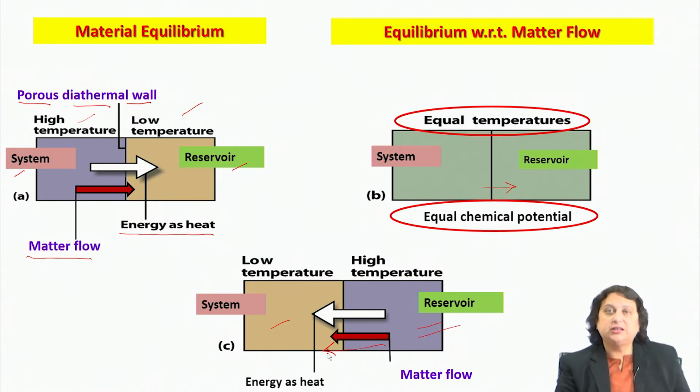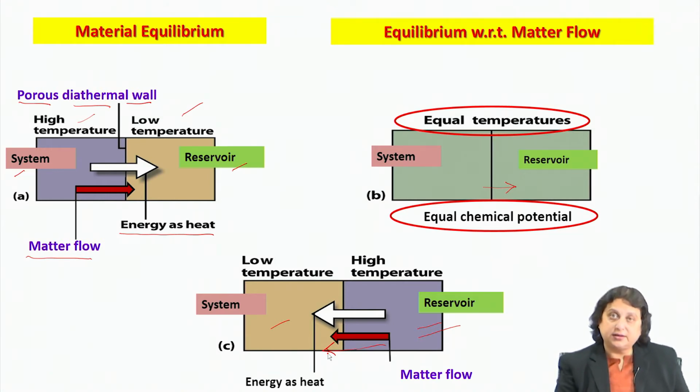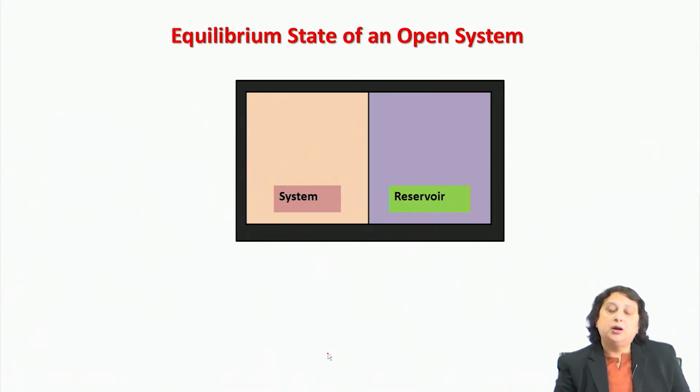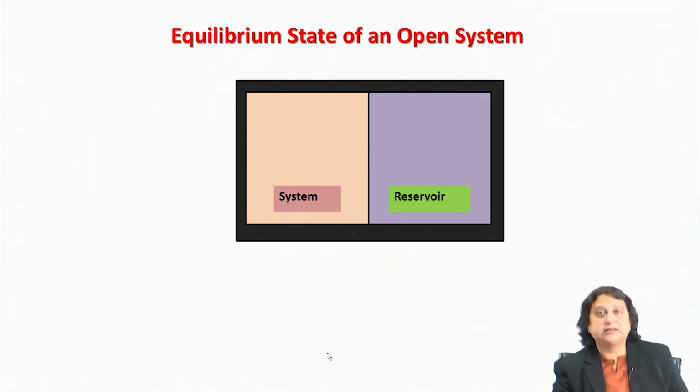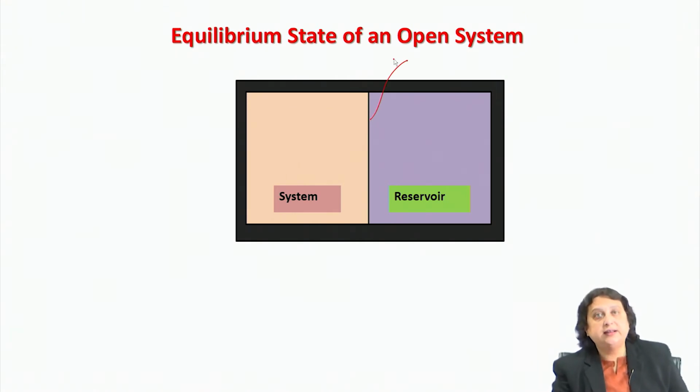Now then the question is, how do I define this chemical potential? It is a quantity that we have introduced to mimic the role of temperature and pressure, but with respect to a process when there is a matter flow. So now I will start the discussion of formulating the thermodynamics in such an open system where the system and the reservoir are separated by a wall that is porous and diathermal.